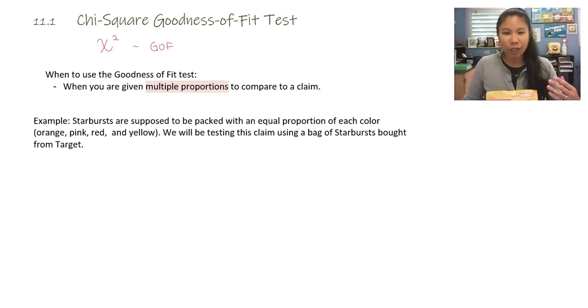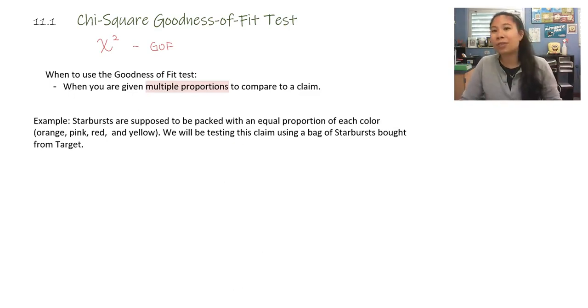If they're all supposed to have equal proportions for each color, then if we were to test this out using a random bag of Starburst that I bought from Target, my favorite store, obviously, then we should be able to check if this bag has at least somewhat equal proportions of each color, and then we can use that to prove or disprove their claim.